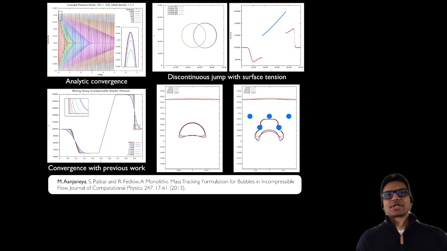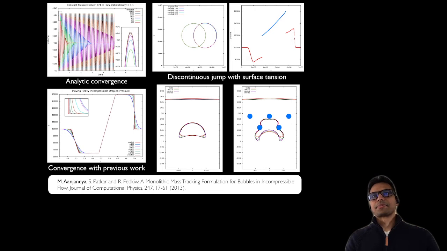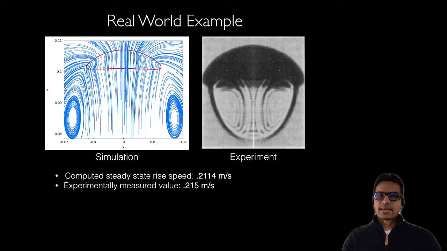But I just wanted to highlight that rather than just get visually nice looking examples, I had also tried to quantitatively and experimentally evaluate the accuracy of this solver. And basically, we had found that compared to real experiments, we can quantitatively match some features such as the steady state rise speed, which we can get very, very closely.